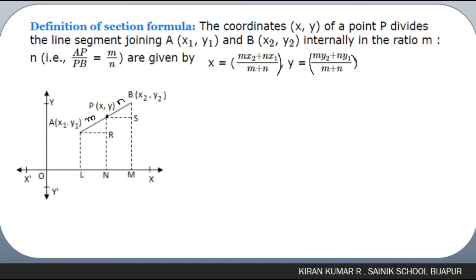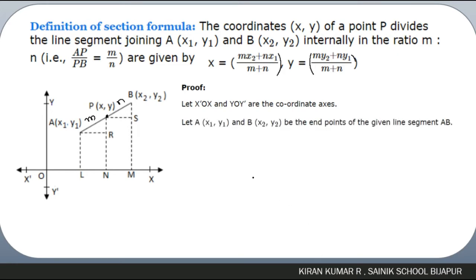Let's look at the proof part. Let X'OX and Y'OY be the coordinate axes. Let point A (x1, y1) and B (x2, y2) be the end points of the line segment AB.